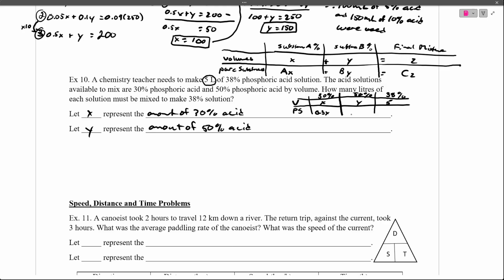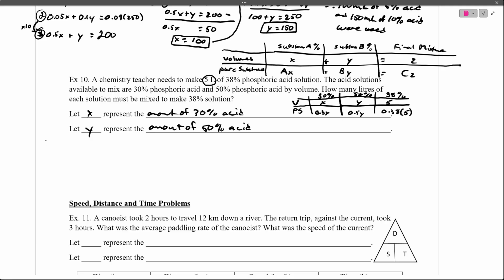And then the next one, it's 50%, so 0.5y. And the final substance is 0.38 of our full substance. So in this case, Z, which is 5. Look, we just made our 2 equations. All we have to do is just read it from left to right, and there's our equations. No thinking involved. All we did was fill it out.